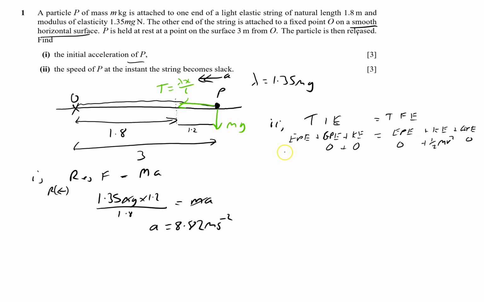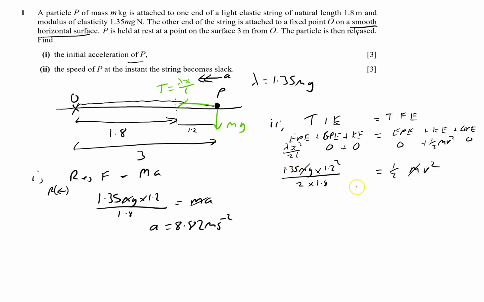We have to work out the elastic potential energy, and that's going to be lambda x squared over 2L. We need that formula. And so lambda is 1.35 mg, times the extension squared, so times 1.2 squared, all over 2L, so that's 2 times 1.8, and that is the elastic potential energy, and that's going to equal half mv squared.